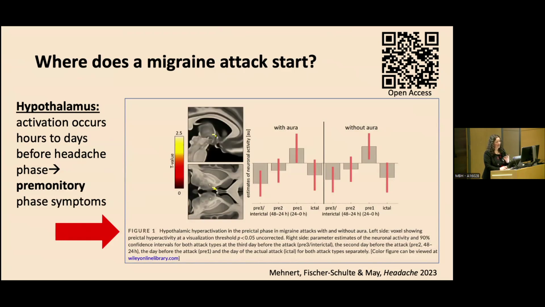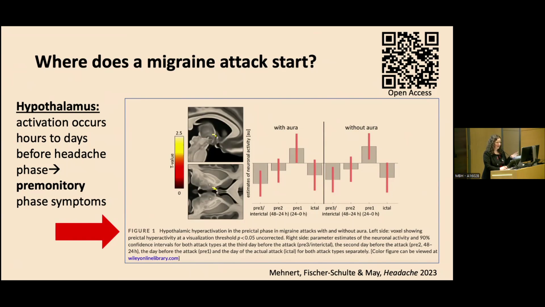This is a part of the brain that's involved in regulating our mood, regulating our sleep-wake cycle, regulating our appetite. Changes in the hypothalamus happen much earlier than any of the other symptoms of a migraine attack. And this makes sense when you think about what the premonitory symptoms of a migraine attack often are.